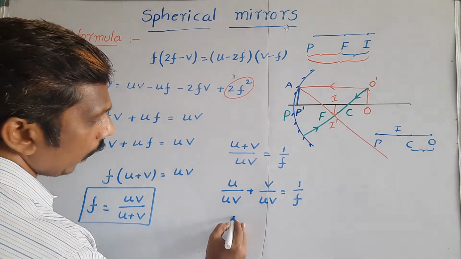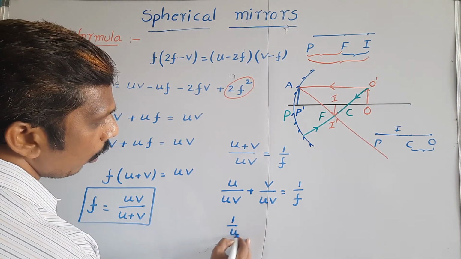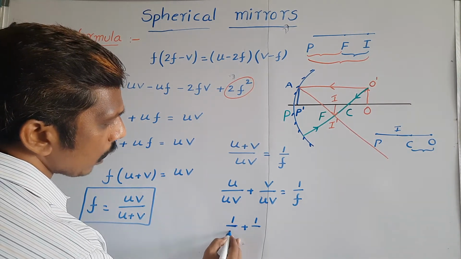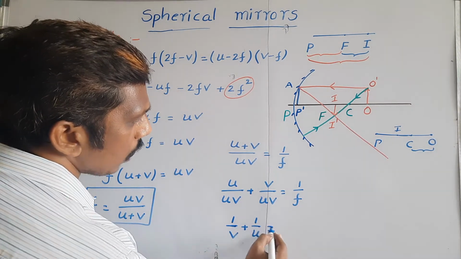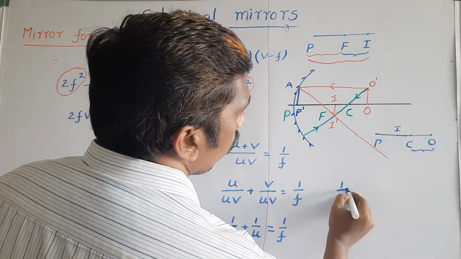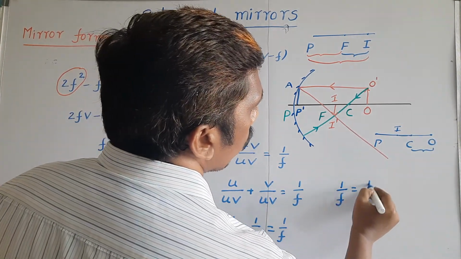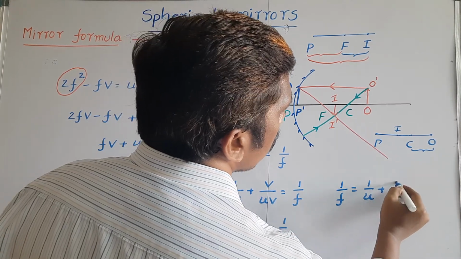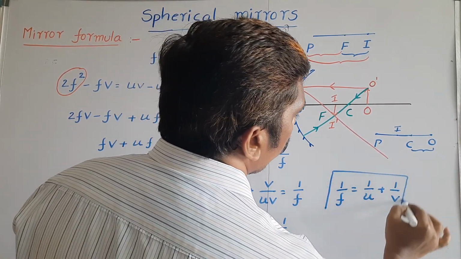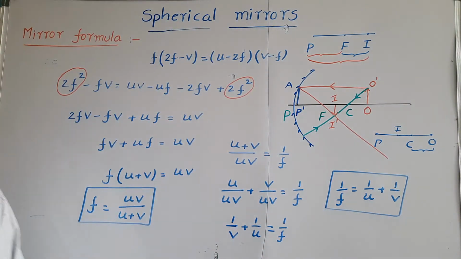Finally we can get 1 by V plus 1 by U is equal to 1 by F, or we can write 1 by F is equal to 1 by U plus 1 by V. So this is the relation between U, V, F.